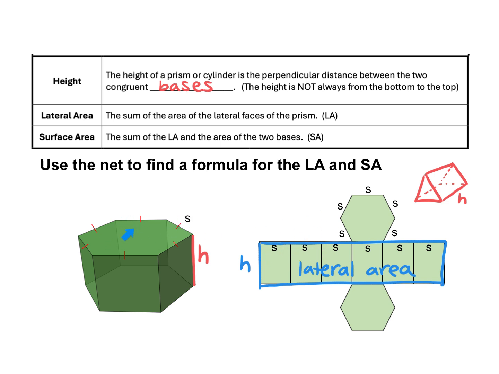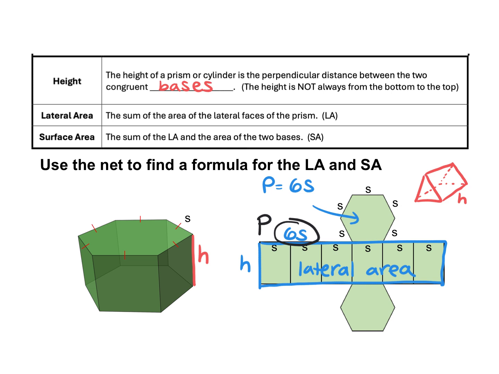Since this is a regular hexagon, all 6 sides are S, so it's 6S. Also notice that that is the perimeter of the base. The perimeter of the base is 6 times S. So the lateral area is going to be calculated by taking the perimeter of the base times the height.